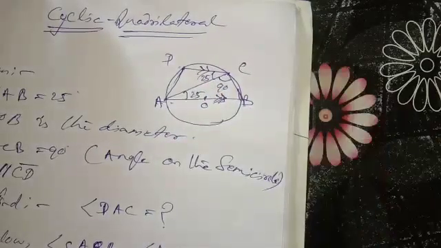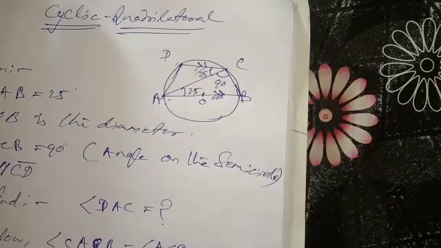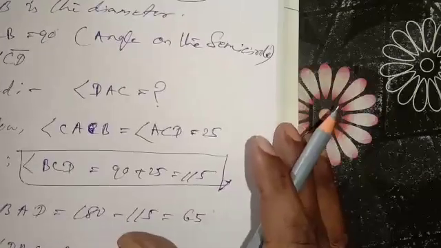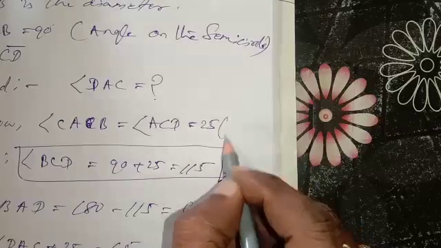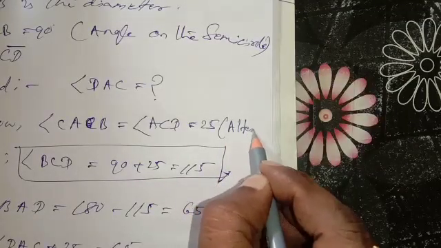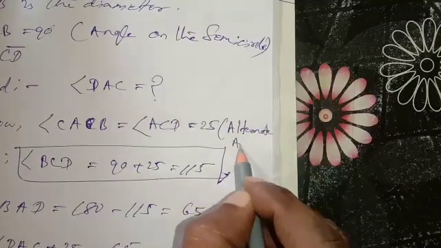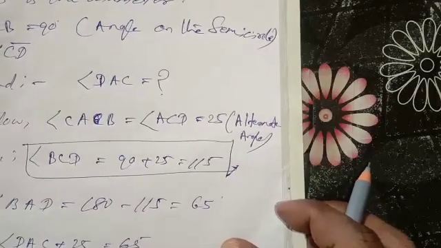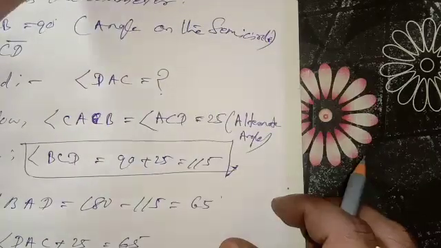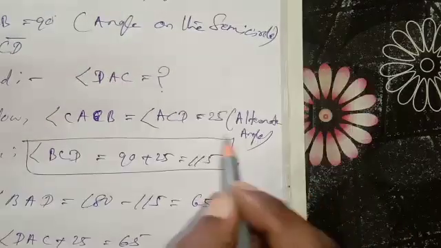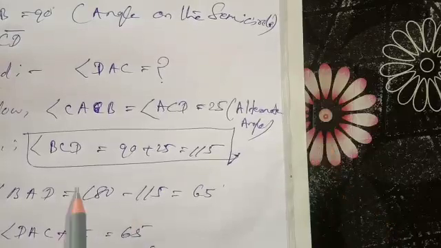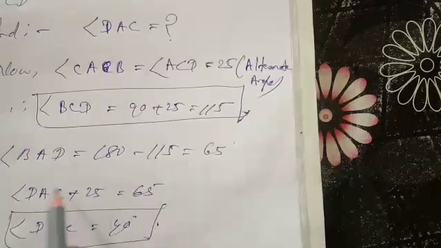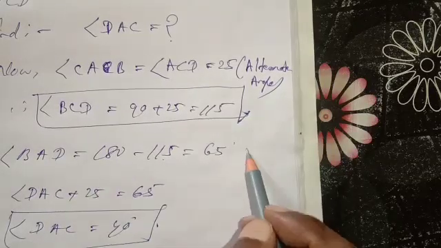Alternate angles are equal. CAB is equal to ACD, yes or no? These two angles are equal because they are alternate angles. Therefore, angle BCD is equal to 90 plus 25, 115. Then BAD is equal to 180 minus 115, 65.